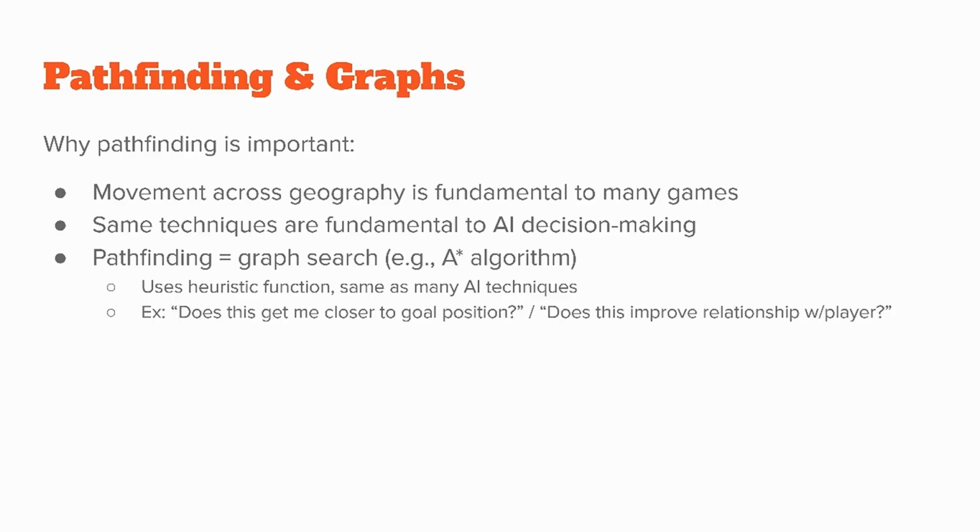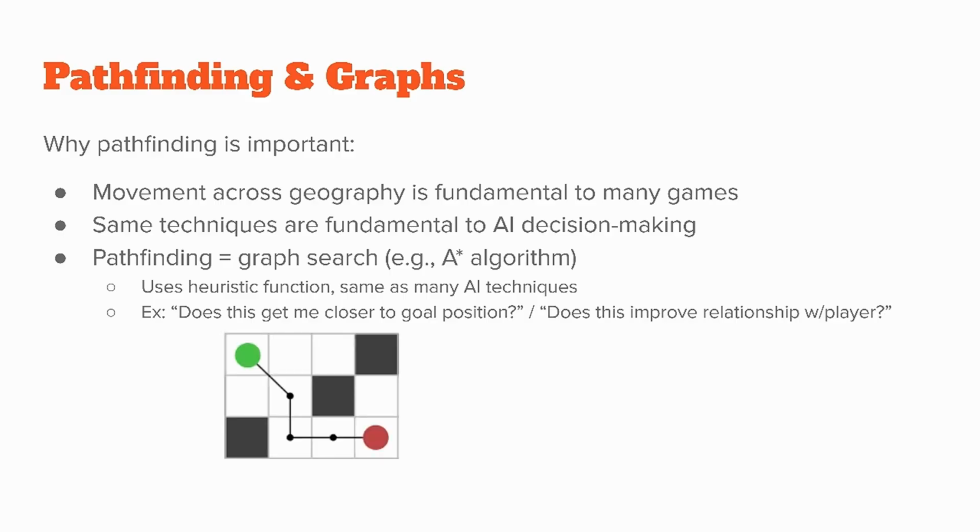For example, a heuristic function for pathfinding might be, does this get me closer to the goal? Or if it's a heuristic function for a different type of graph, like companions, does this choice improve my relationship with the player?